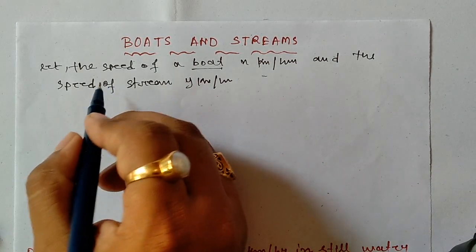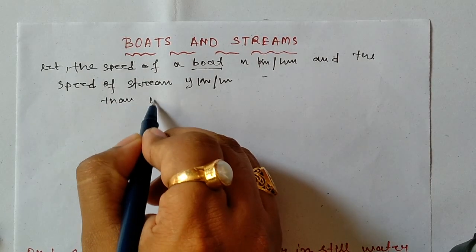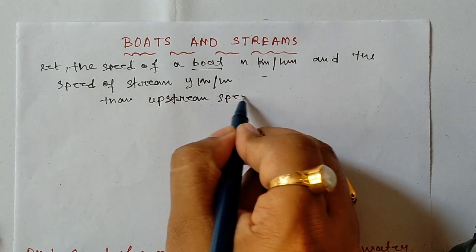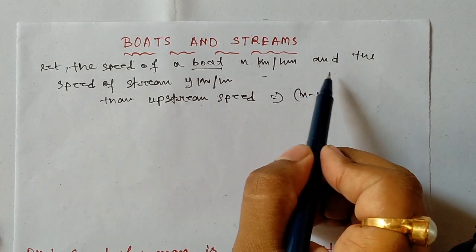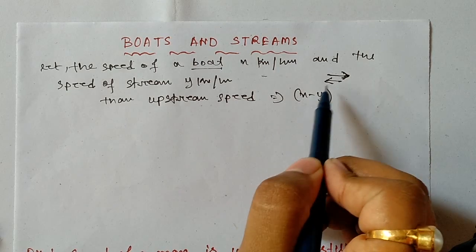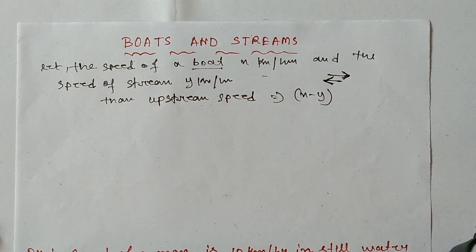Then our first term is upstream speed. Upstream speed is going to be x minus y. It means their directions are opposite. If the boat goes in this direction, then the stream goes in the opposite direction.